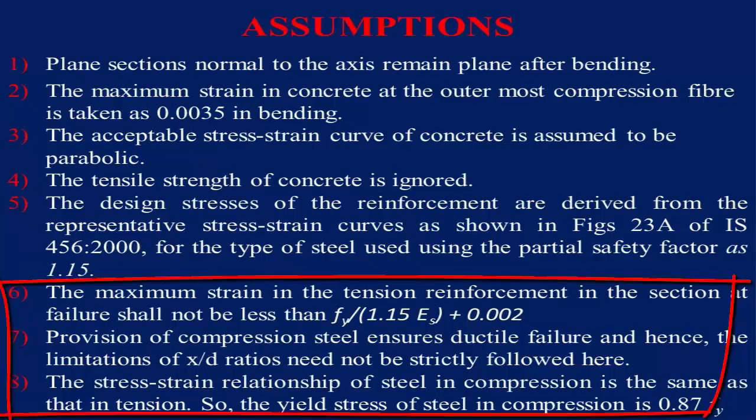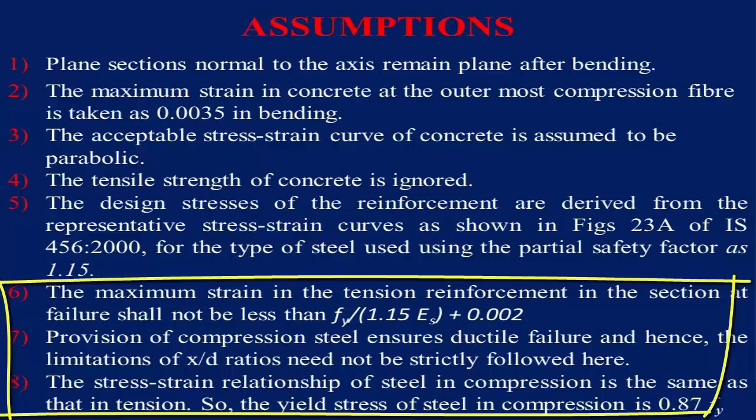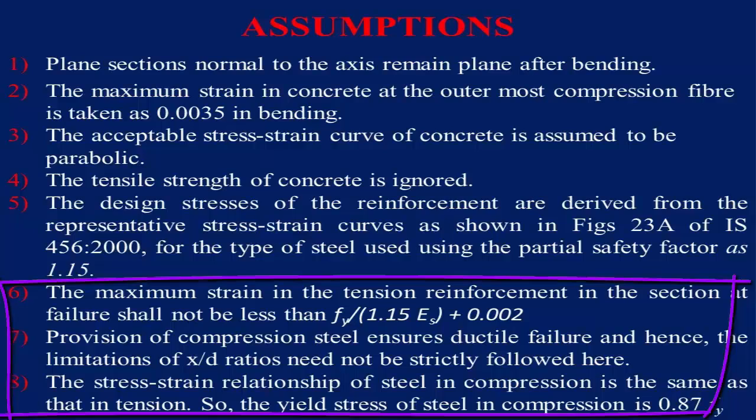Then this also you know, the maximum strain in the tension reinforcement in the section at failure shall not be less than Fy by 1.15 Es plus 0.002. Now these two, that is number 7 and number 8, are assumptions for the doubly reinforced section.